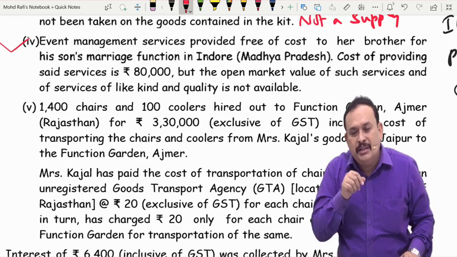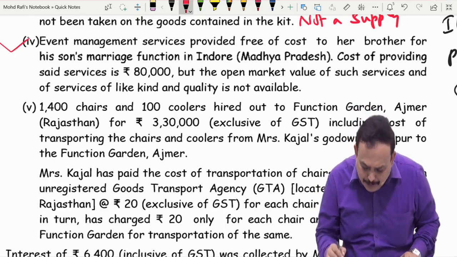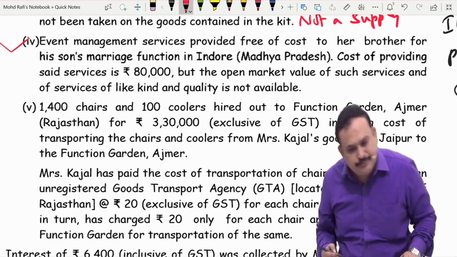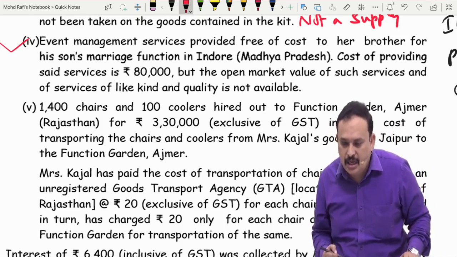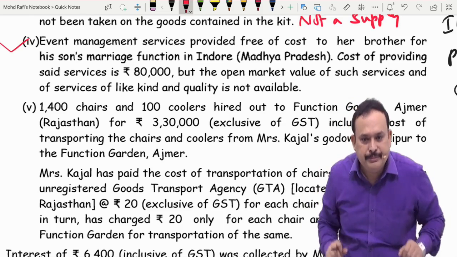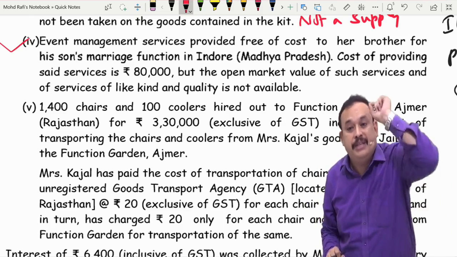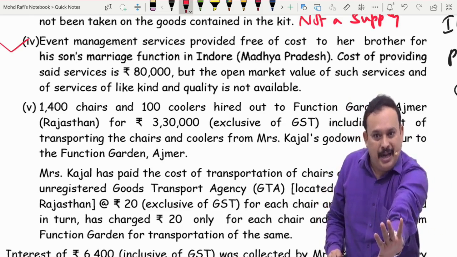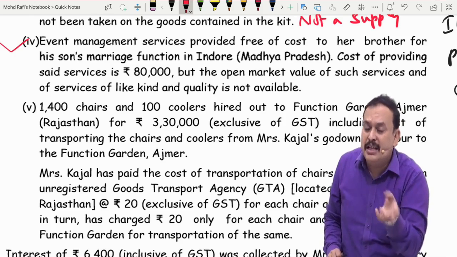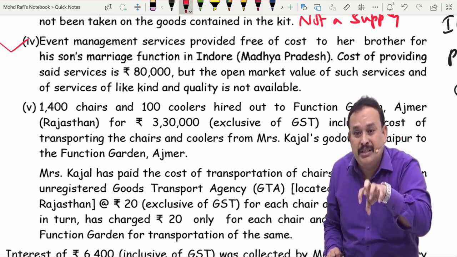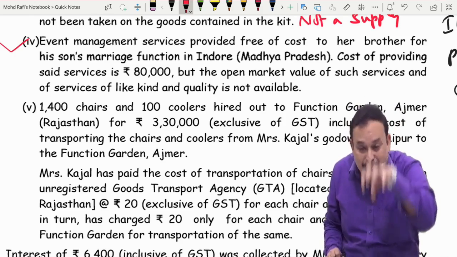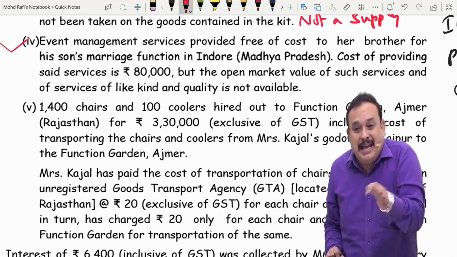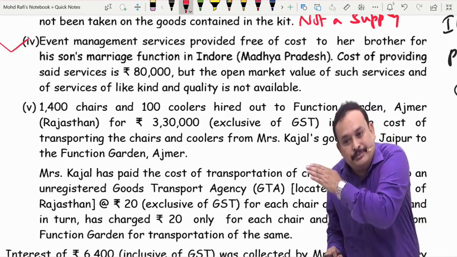Now, here, is brother depending on Kaza? Is it mentioned anywhere to you? As a result, I will say non-relatives. In the exam also the same. Unless specifically said, it is assumed that since there is no relationship clearly mentioned, whether depending or not, thereby treated as non-relatives.